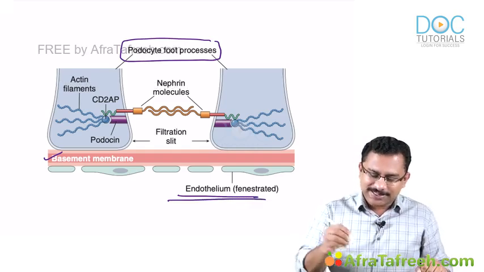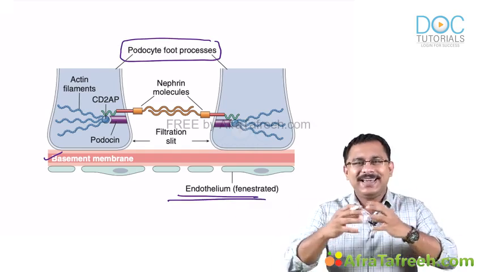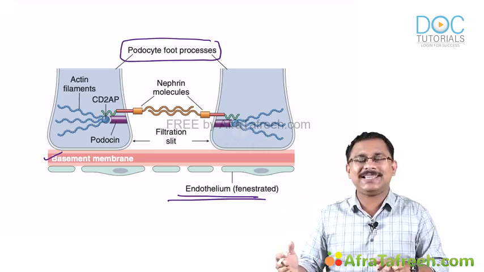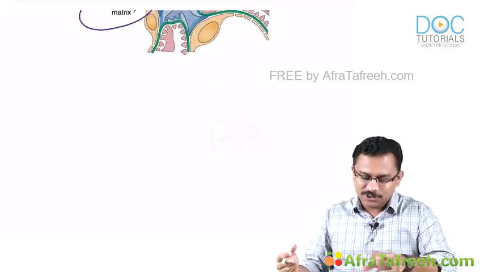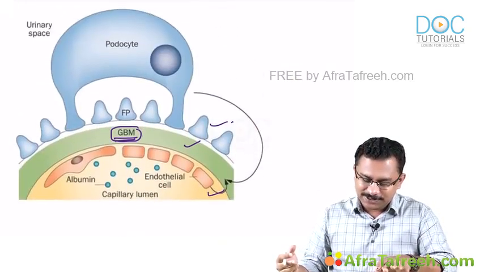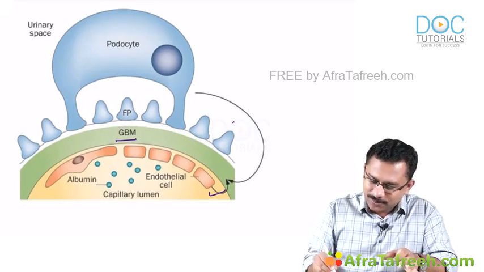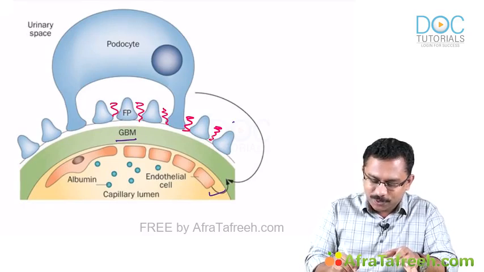Just understand that, as I told you, you have gaps between the foot processes also, as you have clearly seen in the previous images. Let me show you in this particular picture. Are you able to see all these gaps between the foot processes?